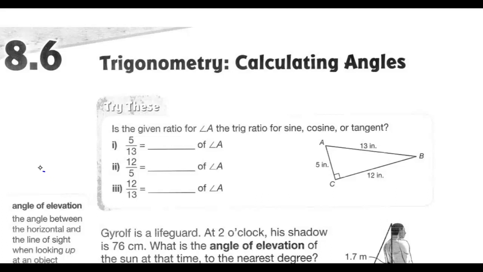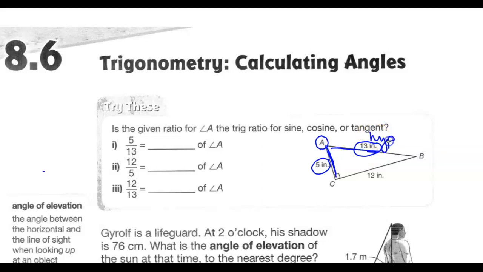tangent? So you want to take a look at 5 over 13. So there's 5 and there's 13. When we compare it to angle A, what ratio do we use? Well, 5 is adjacent and 13 is the hypotenuse.